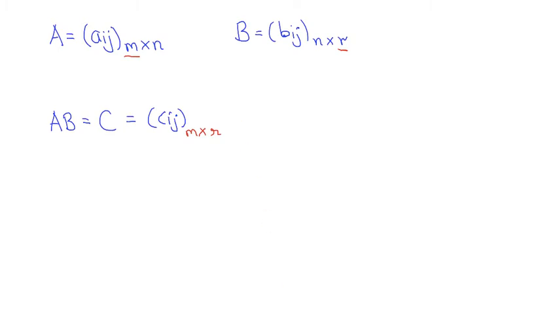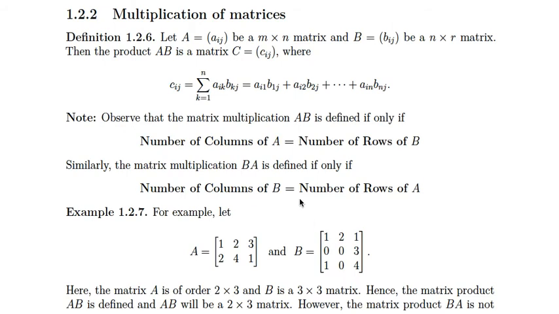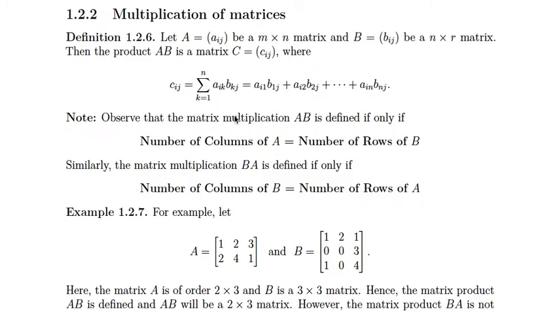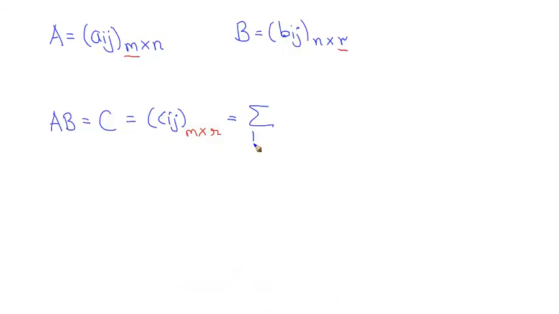So Cij is given by this formula: summation k equals 1 to n of aik bkj, and it can be written in expanded form like this.